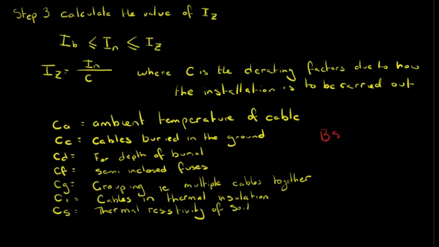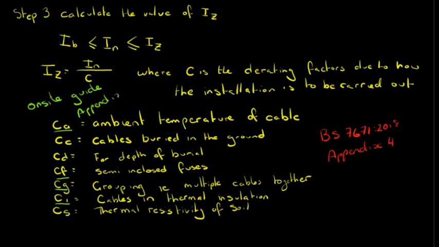They can all be found in BS 7671 in Appendix 4. In particular, CA, CG, CI and CF can all be found in your on-site guide in Appendix F. For level 2 you're primarily going to use your on-site guide.